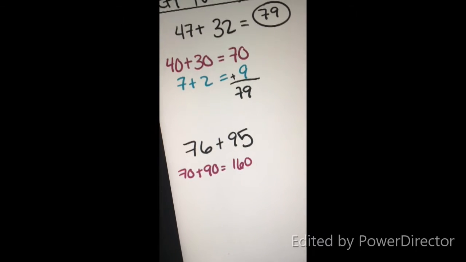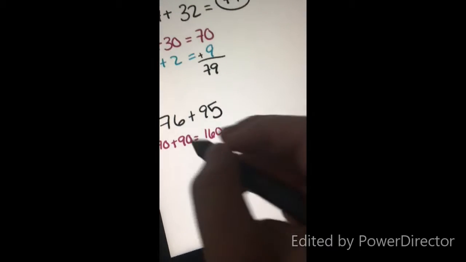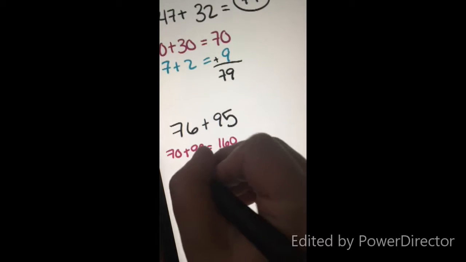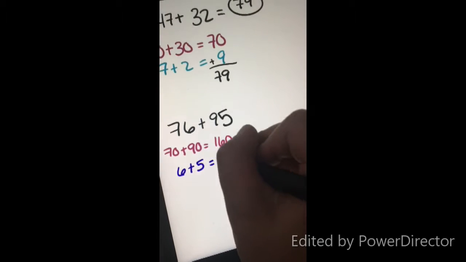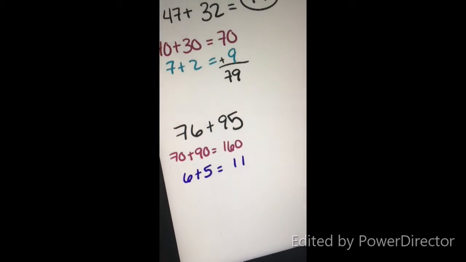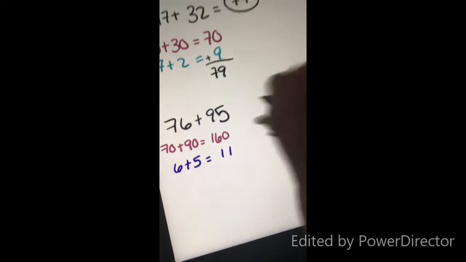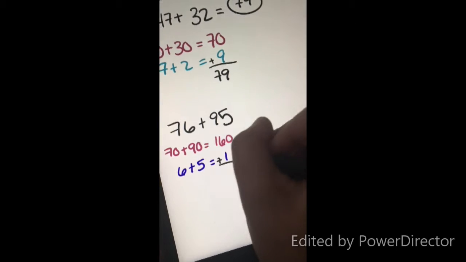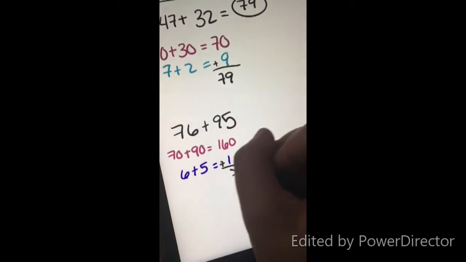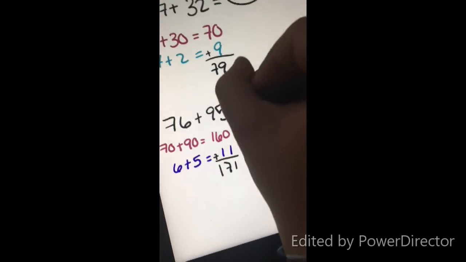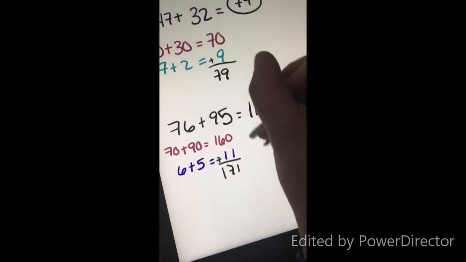The next number we're going to do is the 6 plus the 5, which gives us 11. And then we add up these numbers, and we get 171, which is our answer.